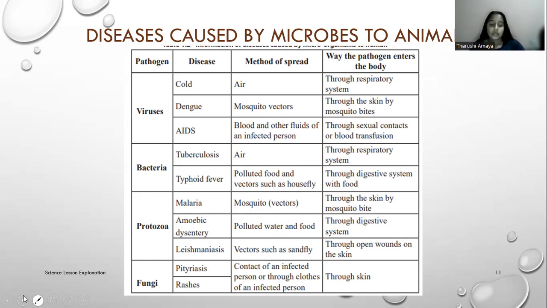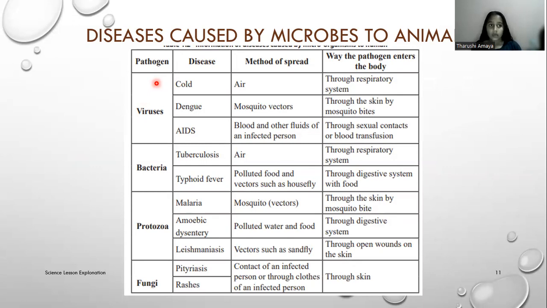Here you can see an unfamiliar word called pathogen. What is a pathogen? A pathogen is a microorganism that has the potential to cause disease. And there are two other words: vector and host.